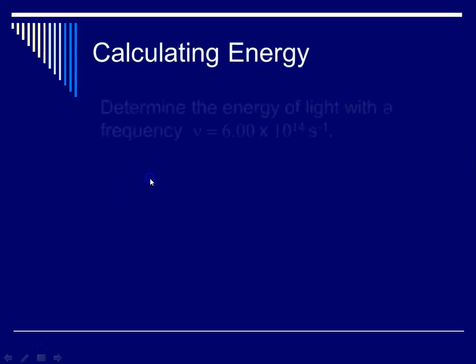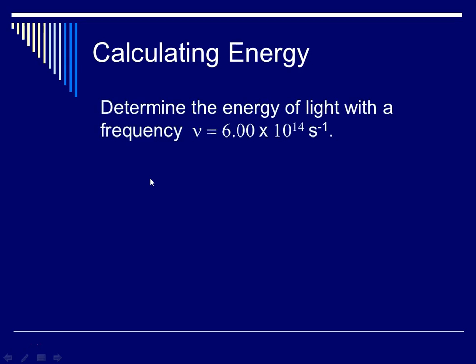So let's try a second problem, and this one is from a worksheet. And again, it's asking us to determine the energy of light that has a frequency of 6 times 10 to the 14th seconds to the minus 1. And this is that frequency that we just calculated a moment ago, knowing a wavelength.